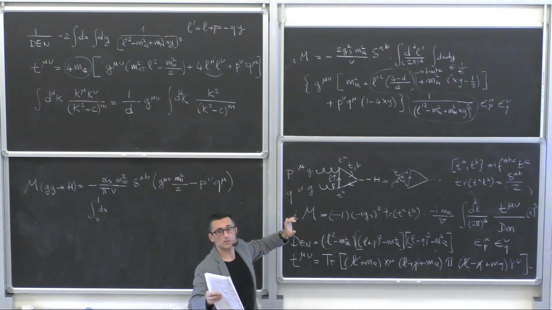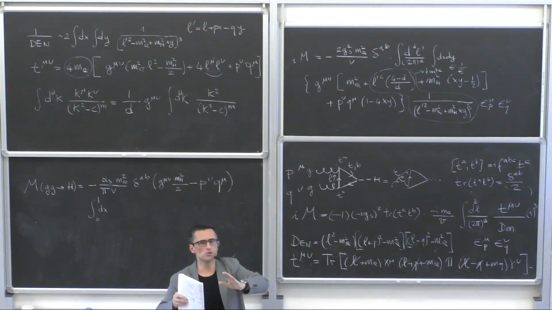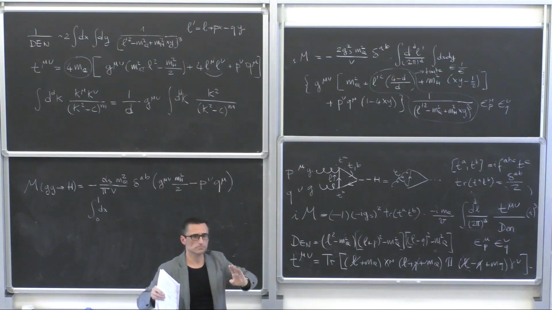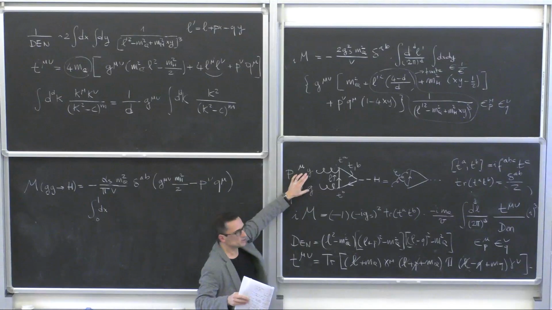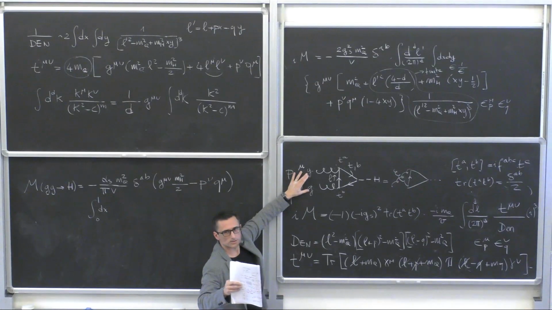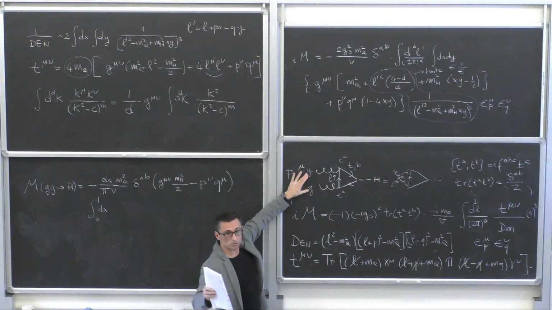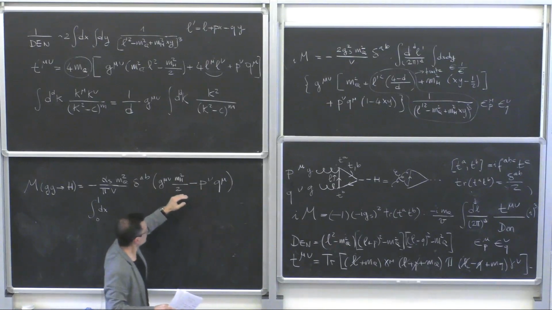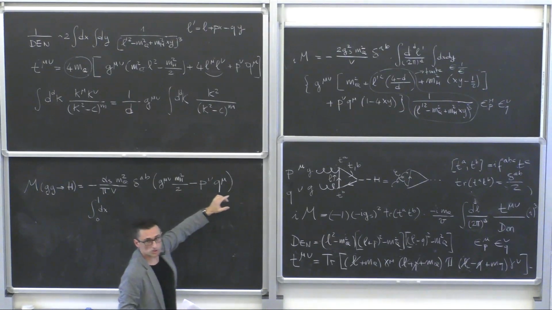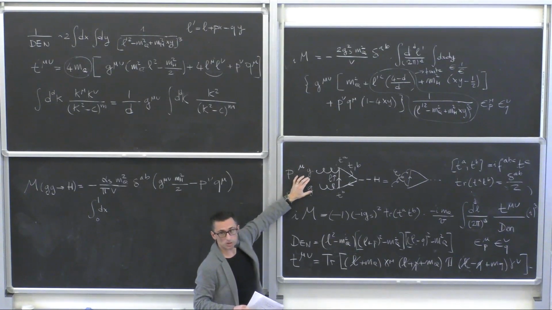Yeah, symmetry, but which one? Lorentz and gauge, right? It's gauge symmetry. This one is a tensor in two indices. This is like an abelian. There is no non-abelian structure.